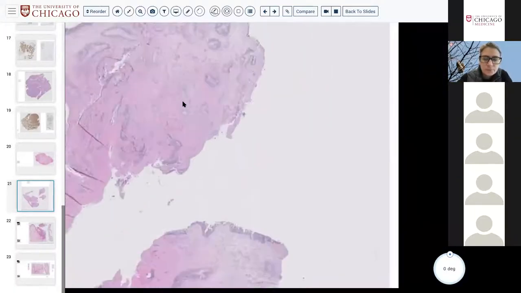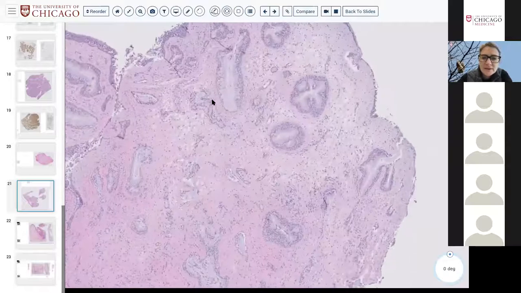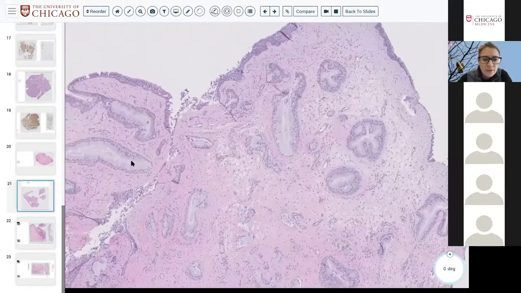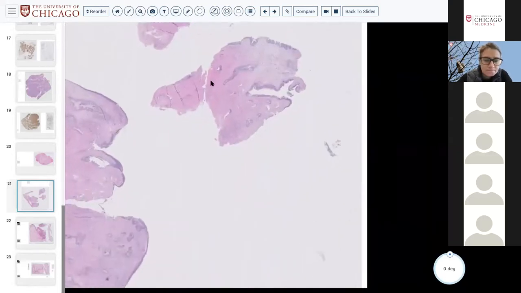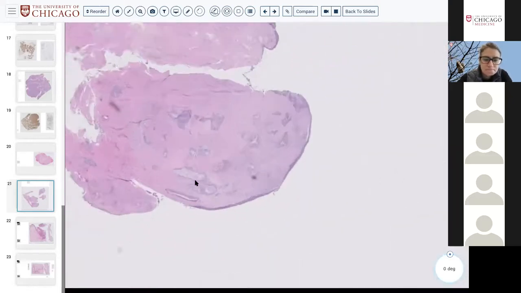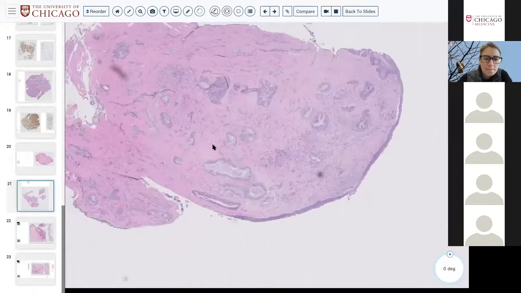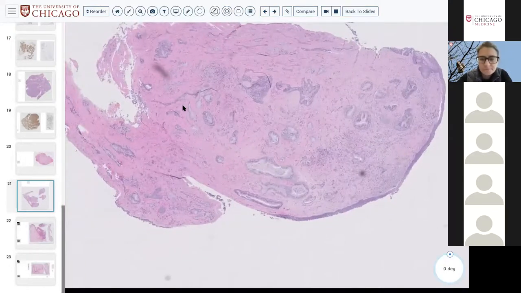Okay. What is the full name for them, and what are the features that you might expect? So full name, respiratory epithelial adenomatoid hamartoma.